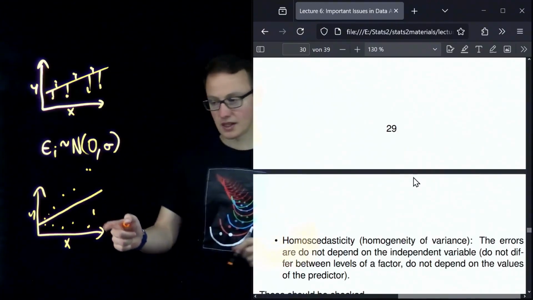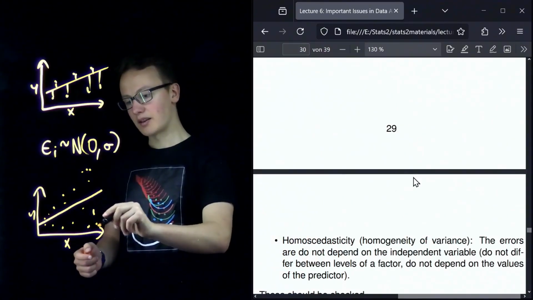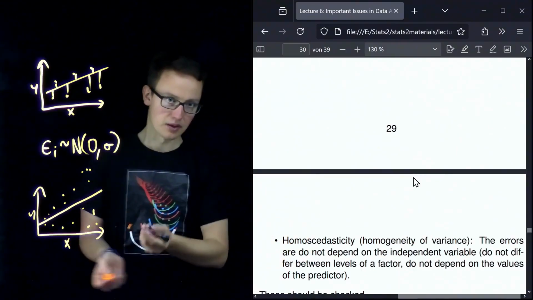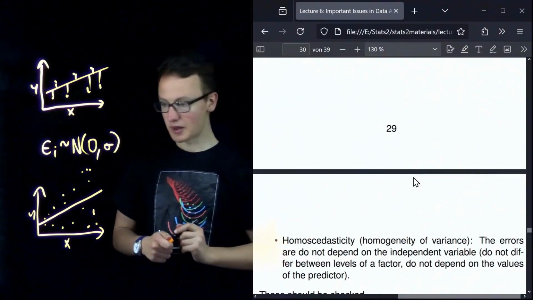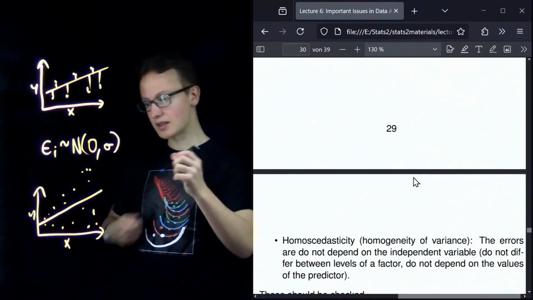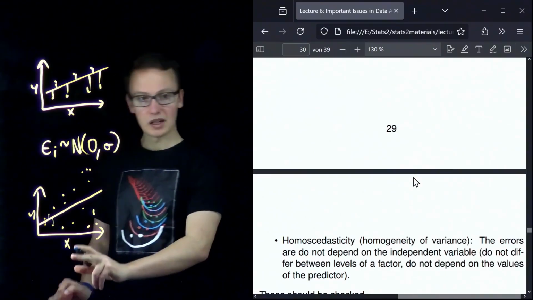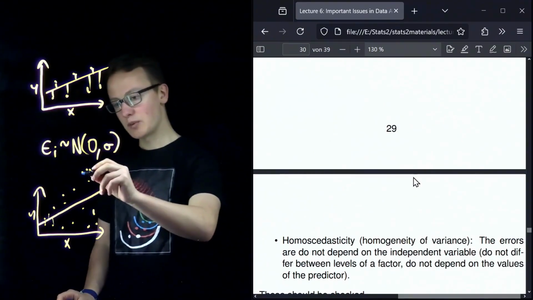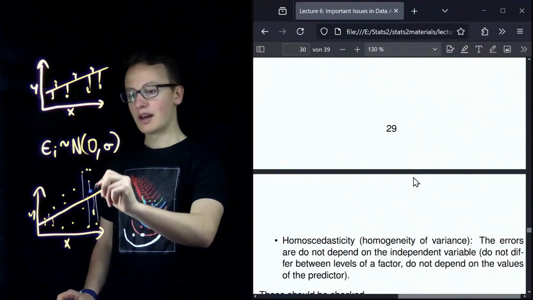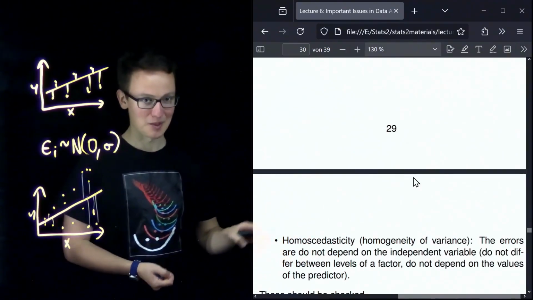So here what you would see is that you can find the best fitting line, and it will be based on minimizing the sum of squared residuals, but there's something weird going on here in this particular example, namely that the residuals are on average much smaller with a smaller value of the predictor, but they tend to be much larger with a larger value of the predictor. That is not okay. That is violating the assumption of homoscedasticity.